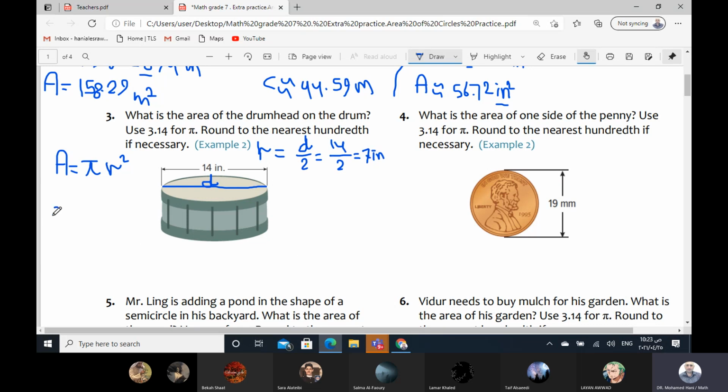Now we can use the formula substitution. The value of pi will be 3.14, and the value of r will be 7, squared.